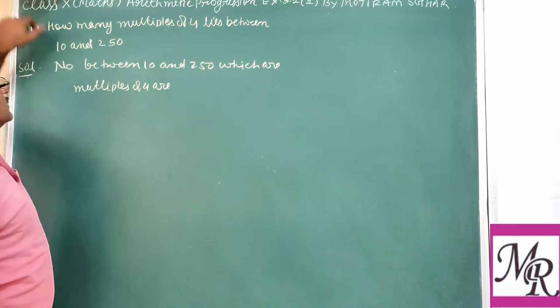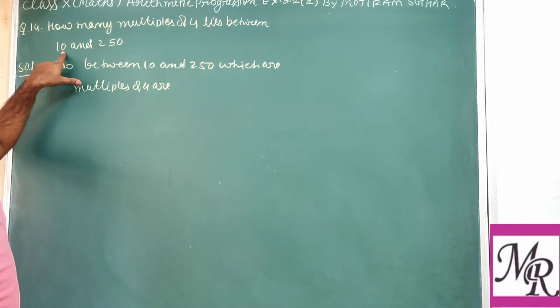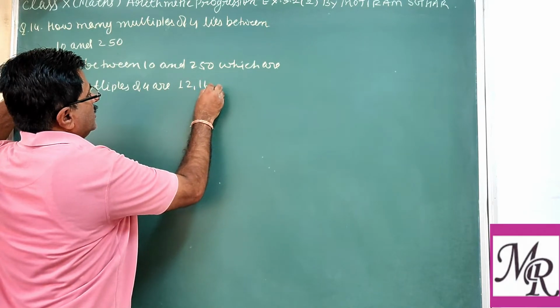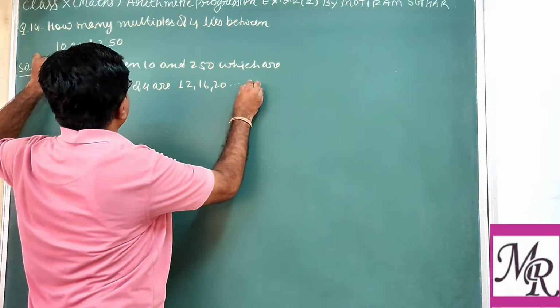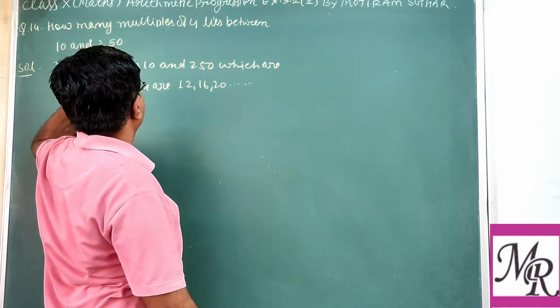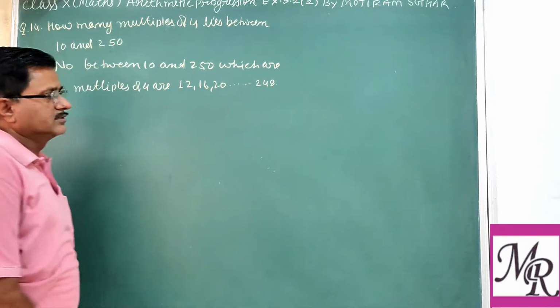The number after 10 which is a multiple of 4 is 12. So that is 12, 16, 20. And 249 is not divisible, before that 248. So this is the last.